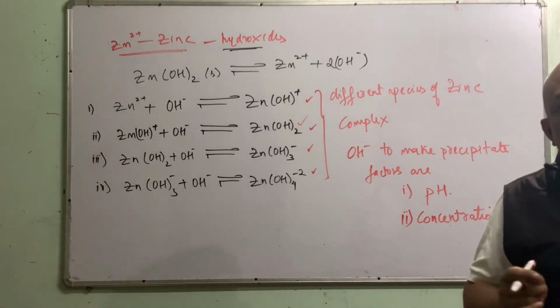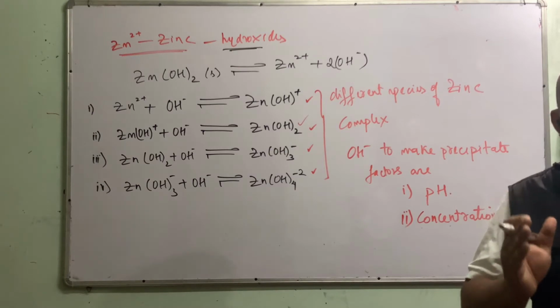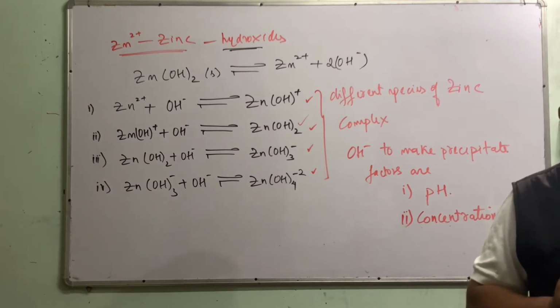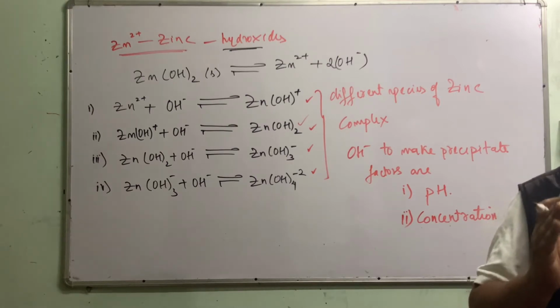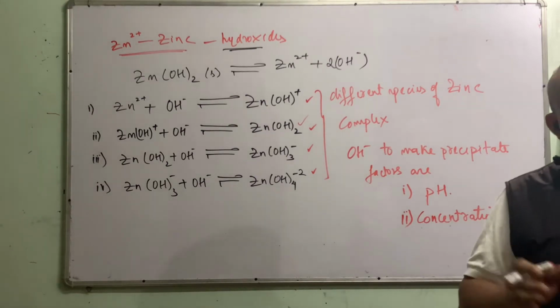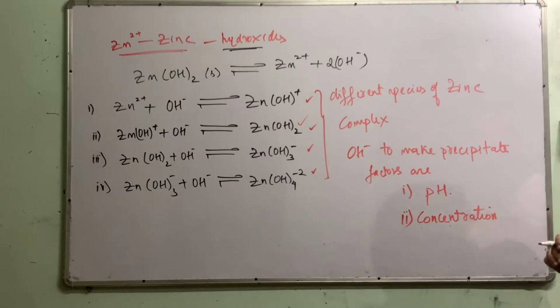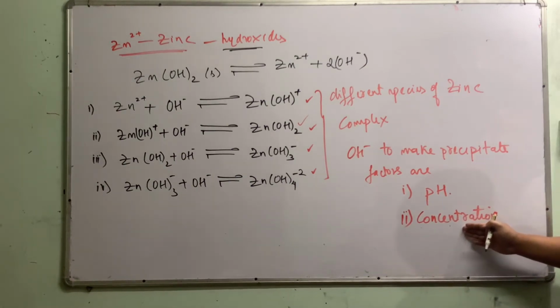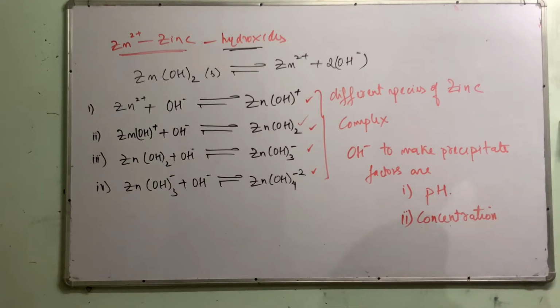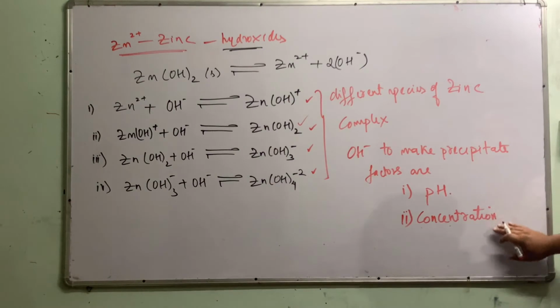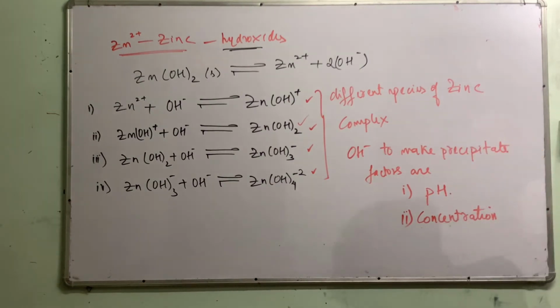So finally the sugar will not be able to dissolve, correct? That means the solubility of the sugar also depends on the concentration of the sugar. Similarly, the concentration of the heavy metal ions is also responsible for making it precipitate, that means whether it is soluble or insoluble. So these two things we are going to study in this part.